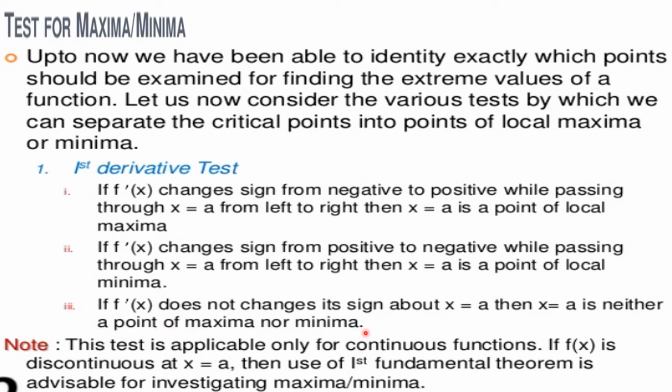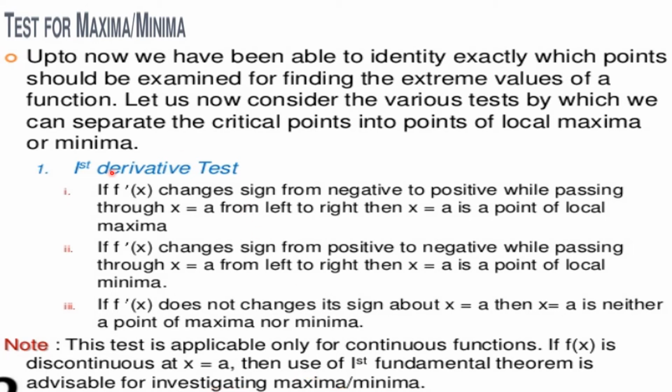Okay, my children, if it does not change its sign, we say that f does not have a point of maxima or minima. Note, this first derivative test is applicable only for continuous functions. If f of x is discontinuous at x is equal to a, then using the first fundamental theorem is advisable for investigating maxima or minima.